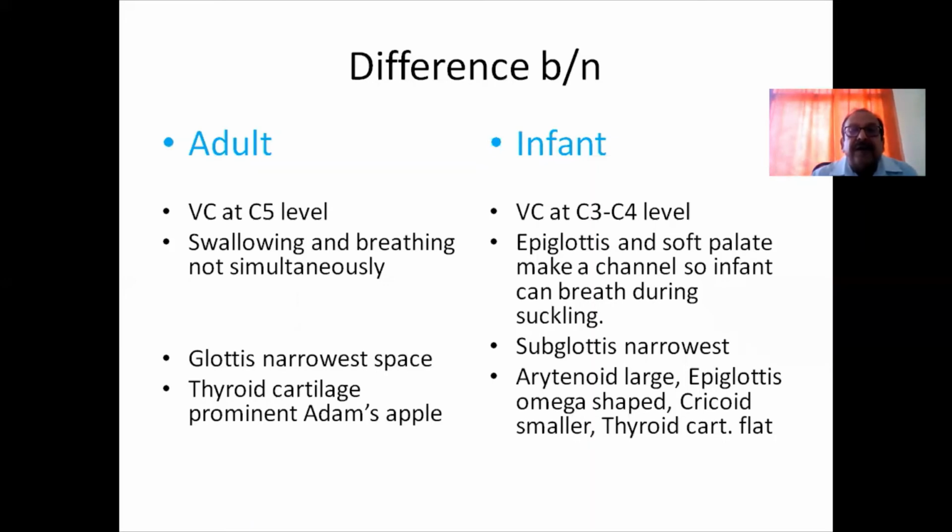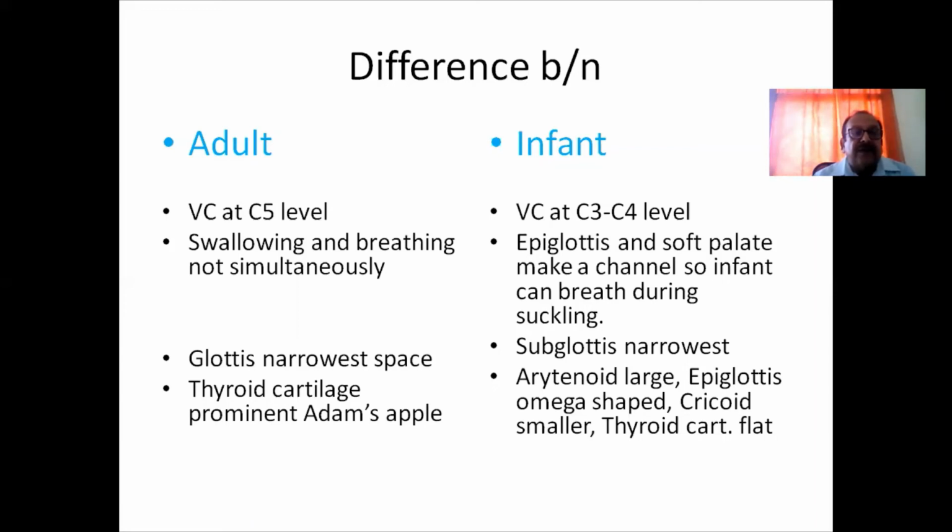Now, an adult and an infant larynx are different. They are not the same. Let us see the differences between the adult and infant larynx. In adult, the vocal cord is at the C5 level, and in infants, it is at the level of C3 and C4. An adult cannot swallow and breathe simultaneously, but in infants, the epiglottis and soft palate make a channel so infant can breathe during sucking.